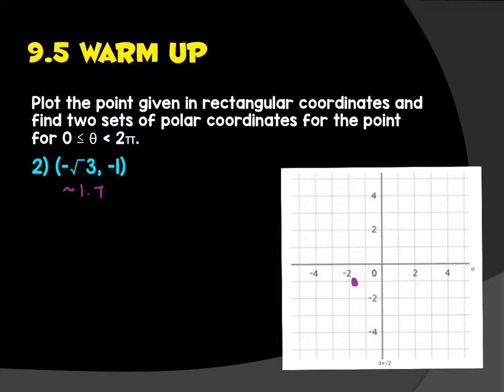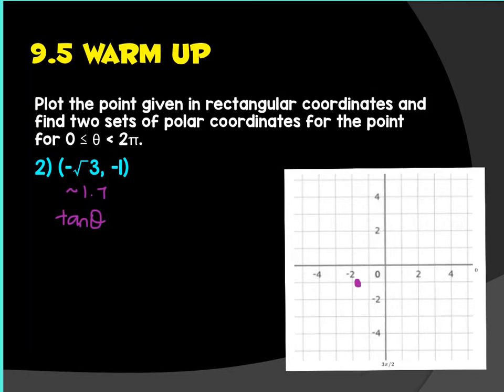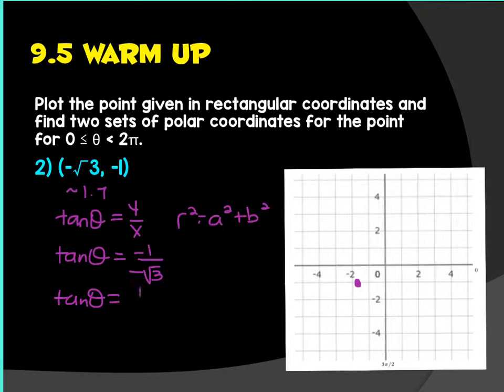Okay, to go from rectangular to polar, I have to find theta, and the tangent of theta is y over x. And I have to find r squared equals a squared plus b squared. So if the tangent of theta is negative 1 over negative root 3, that's saying that the tangent of theta is positive 1 over root 3. That's the one that's going to get rationalized, right?